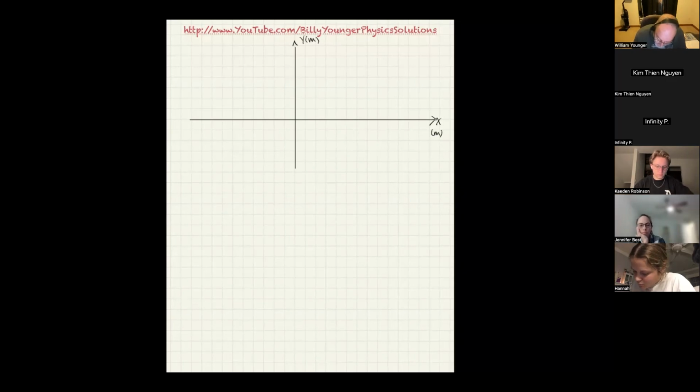And we might even go a little further and say that this direction is not only the y direction, it's the northern direction. And we'll say that this direction is not only x, it's the east direction. This direction down here is south, and this direction over here is west.